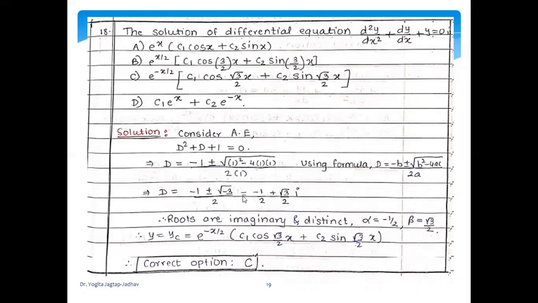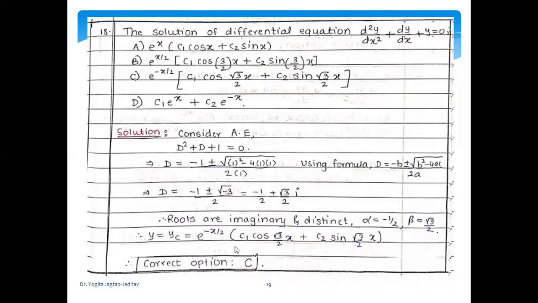Therefore, we get D equal to minus 1 by 2 plus or minus root 3 by 2 i, after separating the denominator. When we observe, the roots are imaginary or complex and distinct, with real part alpha equal to minus 1 by 2 and beta equals root 3 by 2.